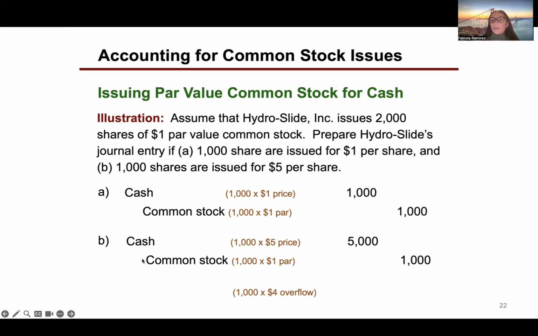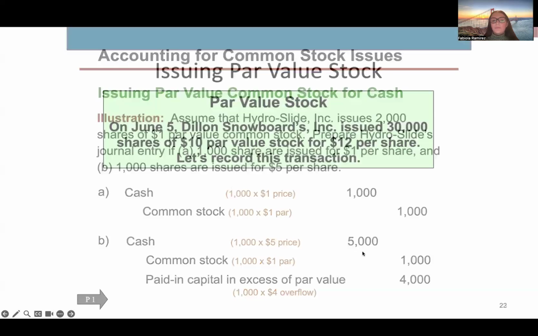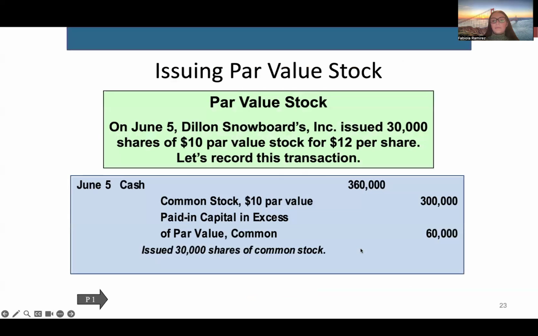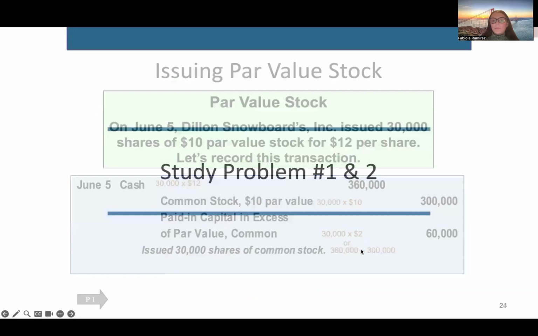However, just because a shareholder was willing to pay $5 for the common stock, the remainder gets credited to the paid-in capital in excess of par account. This is just more examples.